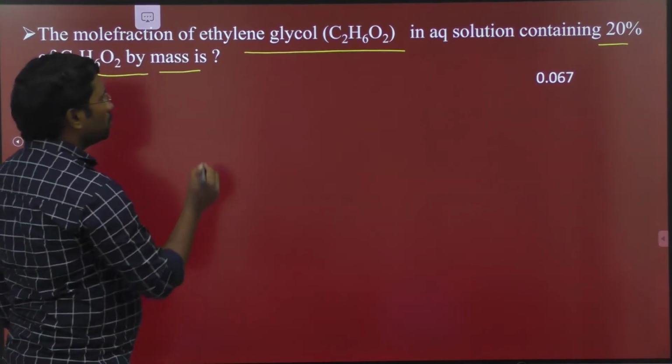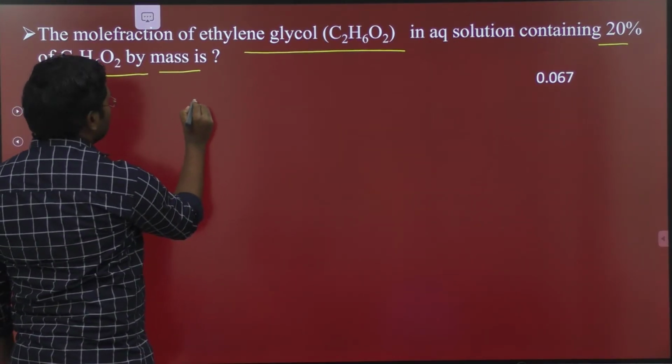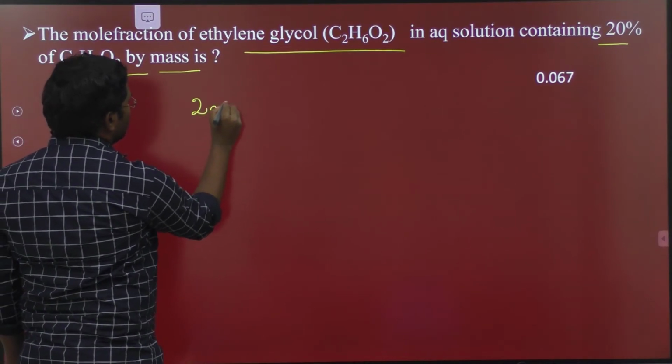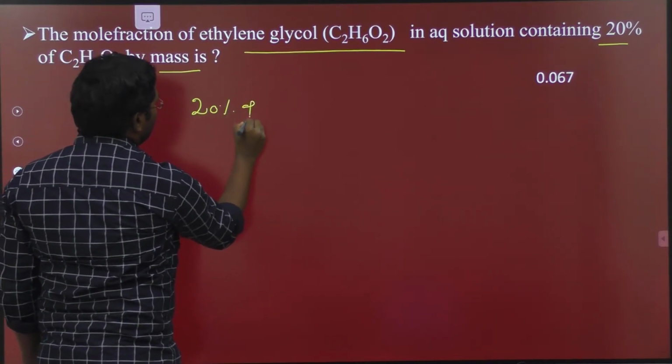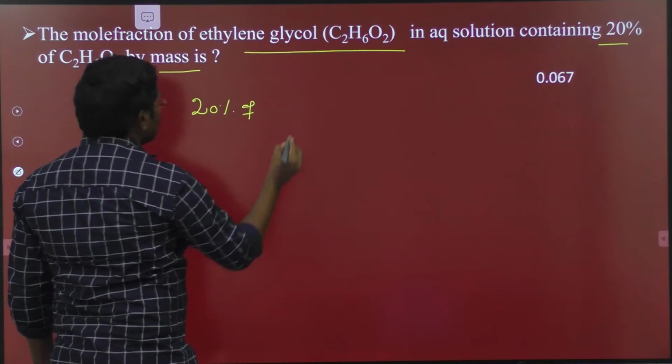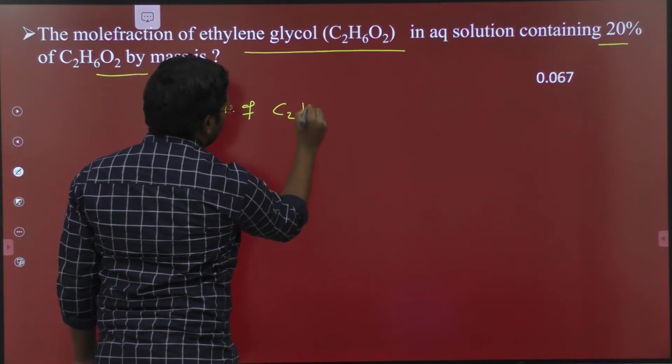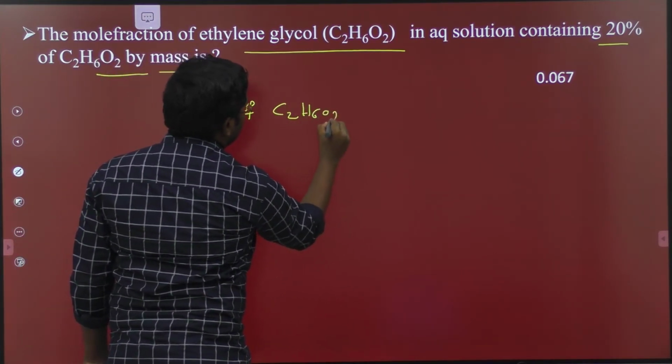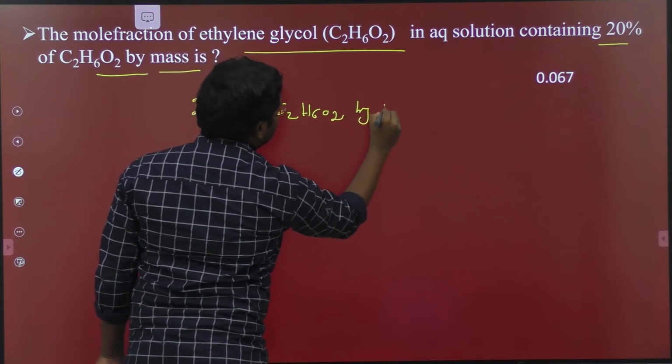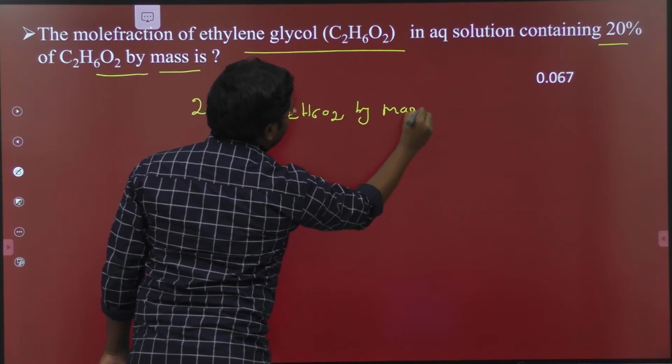So here the given solution is 20% of ethylene glycol, C2H6O2, by mass.